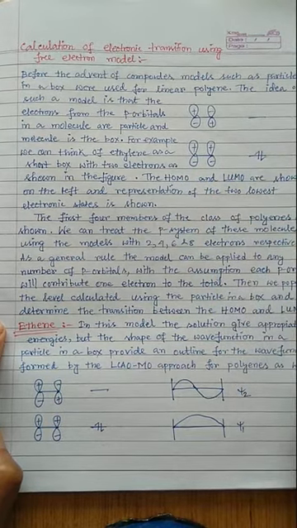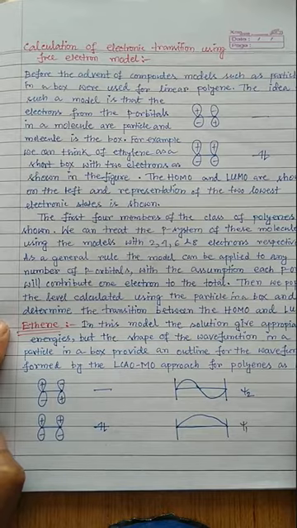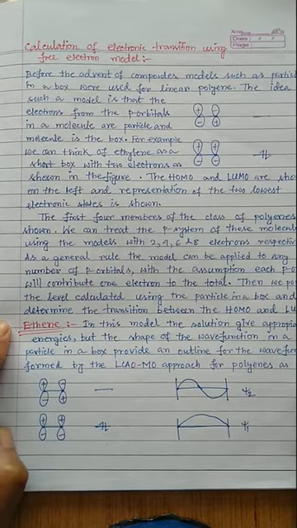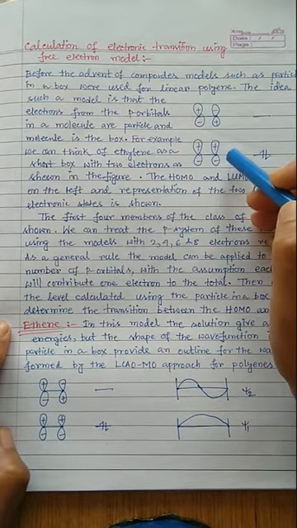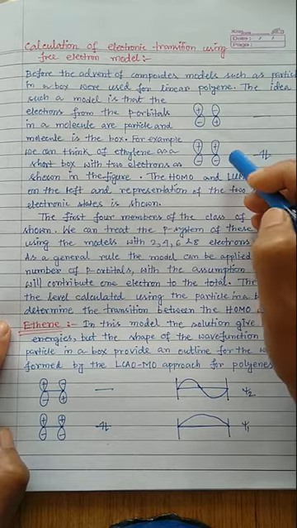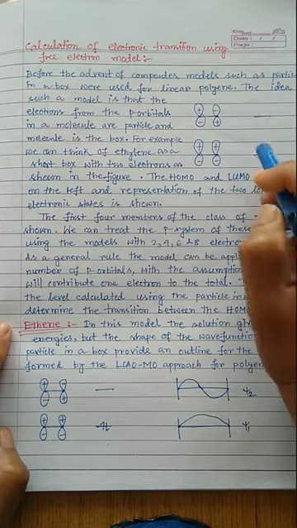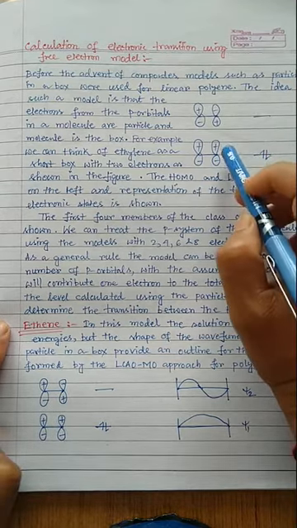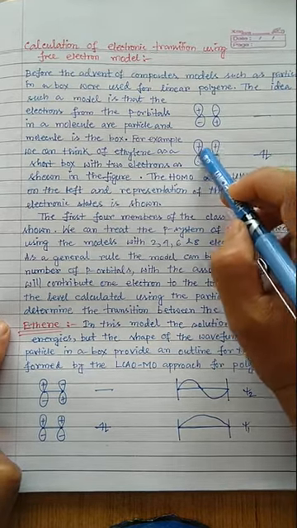because we know that ethylene has two pi electrons. The bonding orbital is the lowest energy orbital, and the highest energy occupied orbital. There are two electrons, so they can be arranged in this way. The lowest energy orbital is the bonding one.